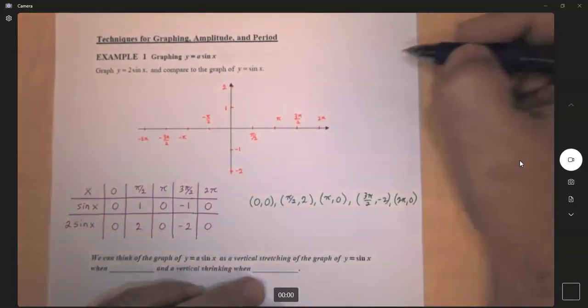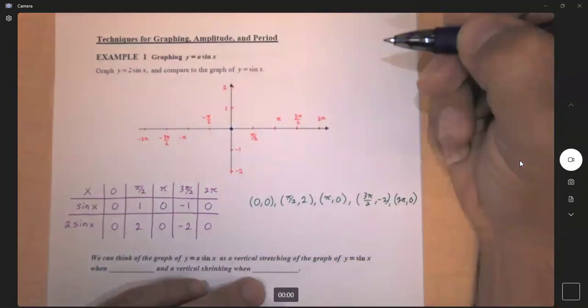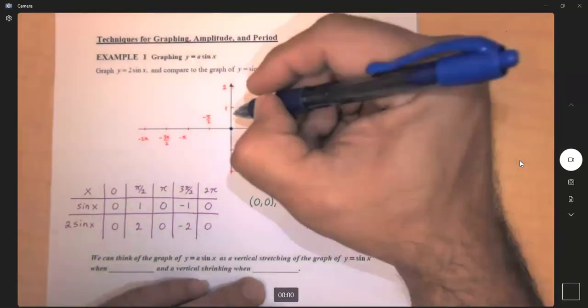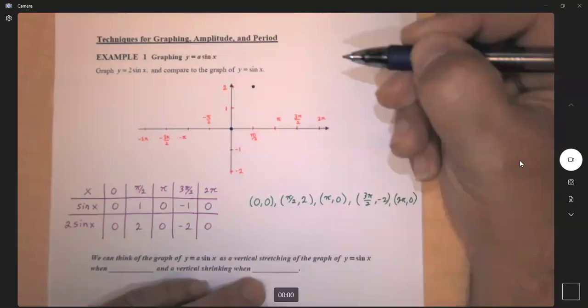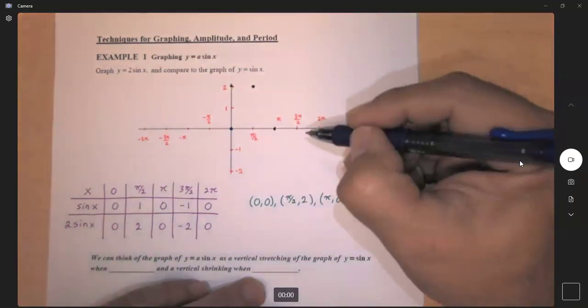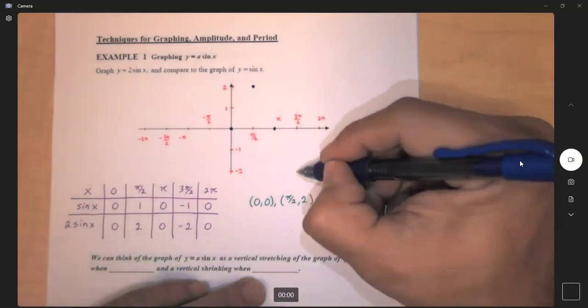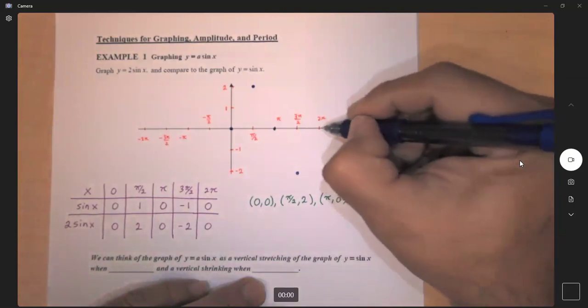So here we go. Let's see, 0, 0. Pi halves, 2. Pi, 0. 3 pi halves, -2. And 2 pi, 0.